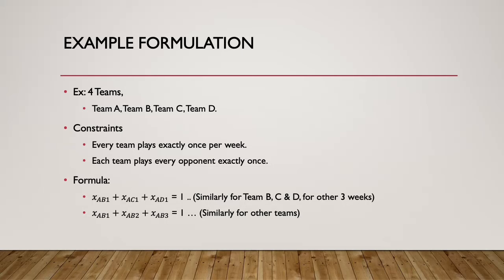If team A and B are playing in the first slot, then xac1 and xad1 are going to be 0. Similarly for the other teams, for all 3 weeks. The second constraint says xab1 plus xab2 plus xab3 equals 1. That means A and B are going to play only once in one of these 3 slots. So if A and B are playing in the first slot, then they are not going to play again in the second or third slot, so the variable is set to 0 in that case.